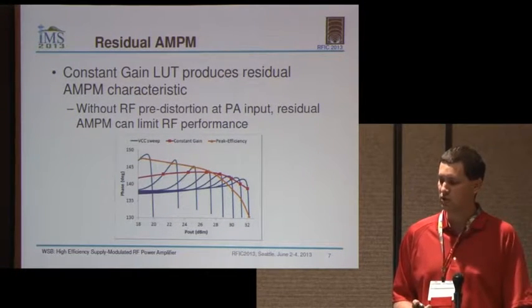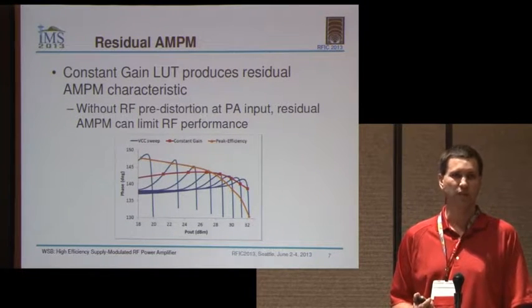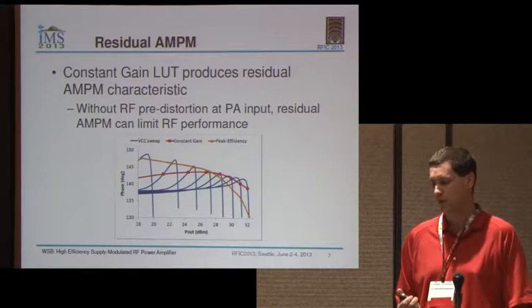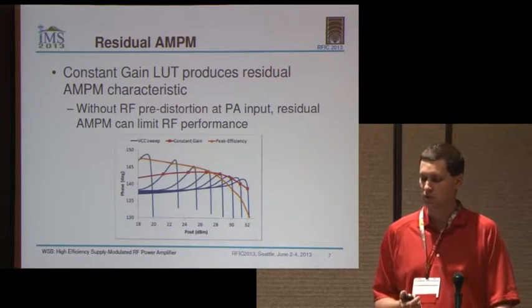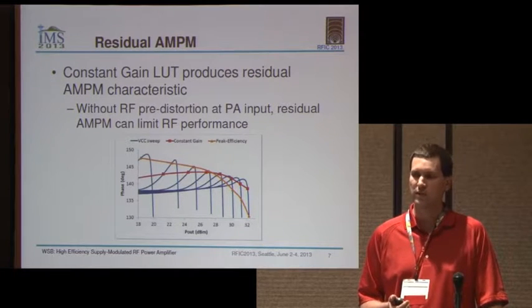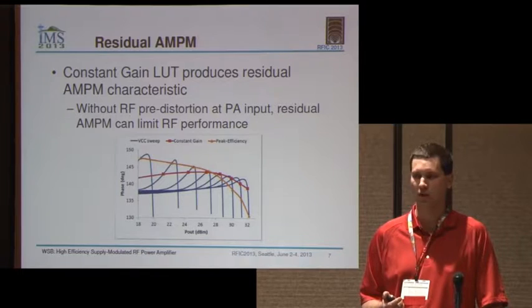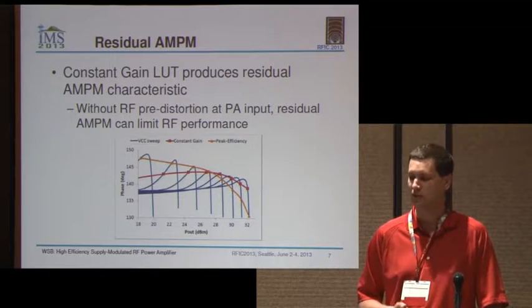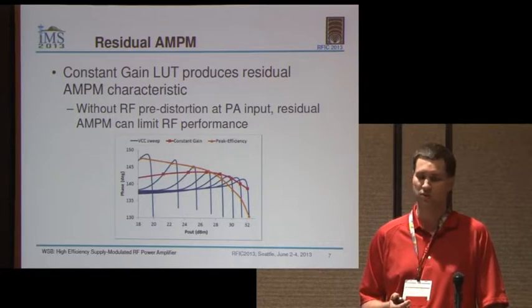So our approach is to choose a constant gain to linearize AM to AM, but as a side result, we end up with a residual AM to PM characteristic that we need to work with. So in the design of the PA, we have to be careful to control this characteristic so that when we operate along the lookup table path, the amount of phase distortion doesn't become large enough to limit system performance.